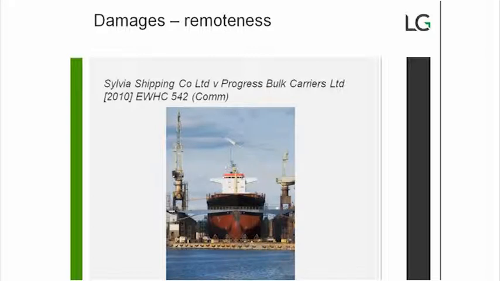The last case I want to have a look at is the Sylvia shipping case. This also related to the late delivery of a ship, and this case has further clarified the applicability of the test under the Transfield case. The judge thought that it was important to make clear at the outset that there was no new general applicable legal test of remoteness in damages. The court stated that the orthodox approach under Hadley and Baxendale remains the general approach which will apply in the vast majority of cases, and, I quote, "it works perfectly well."